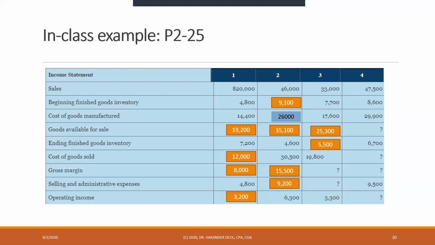And because the company's sales were 33,000 and the cost of goods sold is 19,800, the difference, 13,200, represents gross margin. Considering that the operating income for the company is 3,300, 13,200 of gross margin minus the operating income, $3,300, gives us $9,900 for the missing selling and administrative expense.